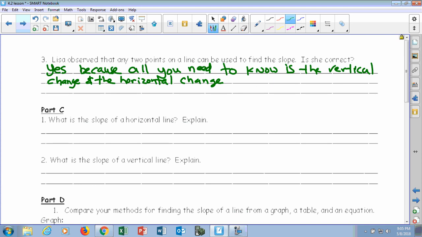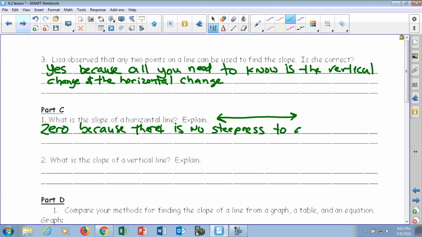So now, it says, what is the slope of a horizontal line? Explain. Remember, the line that goes this way. We talked about that earlier. That's no slope, right? Which means the slope is 0. Because there is no steepness to a horizontal line.